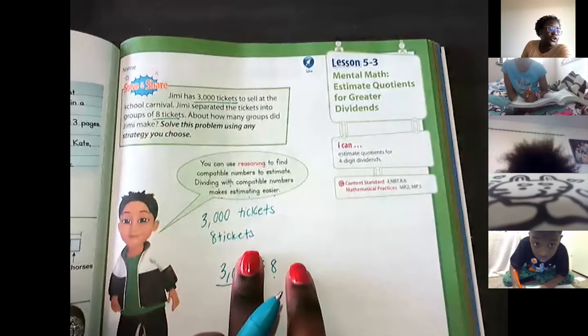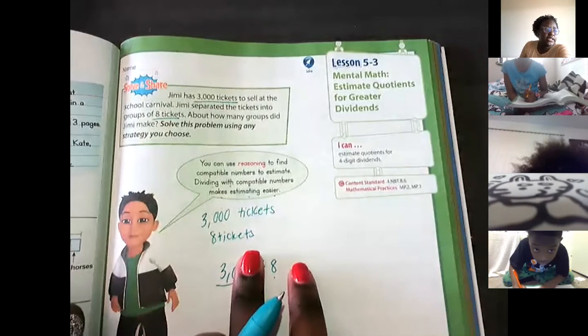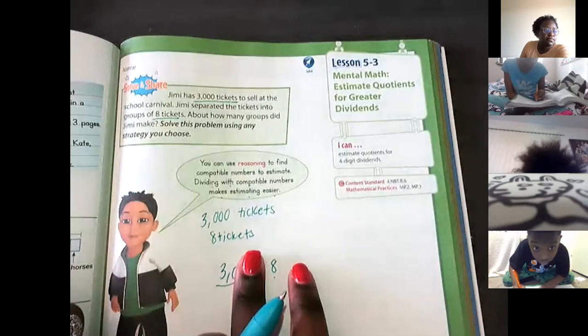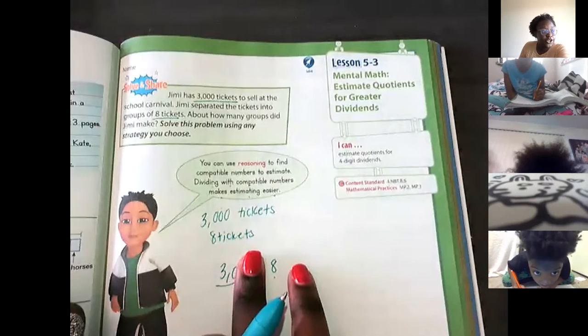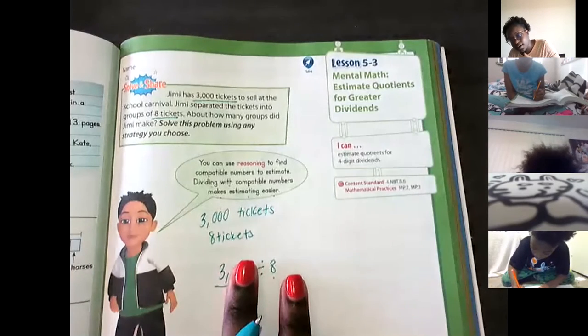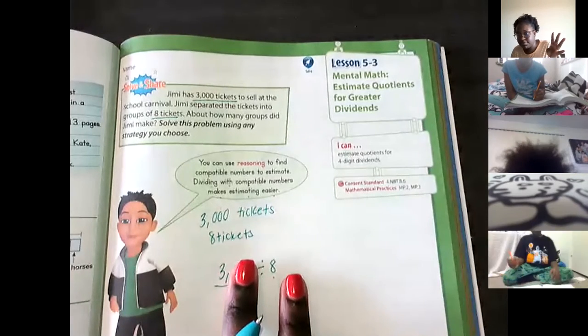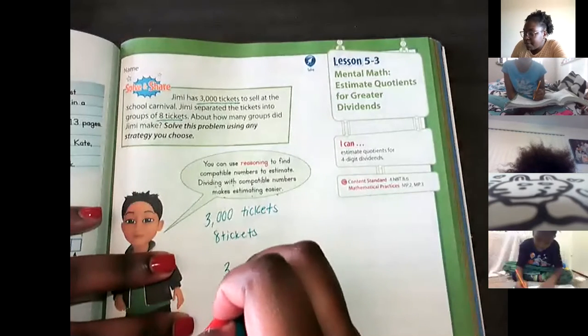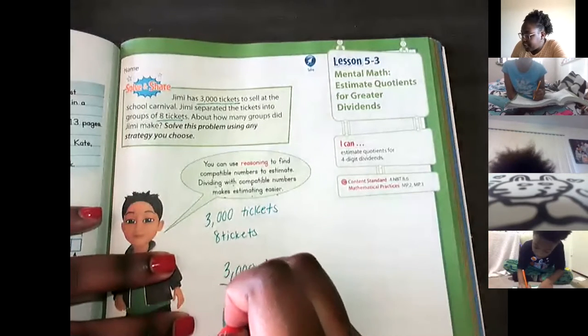What's a number close to 30 that can go evenly into 8? Good job, Danielle. 32. 8, 16, 24, 32. So let's change this from 30 to 32.